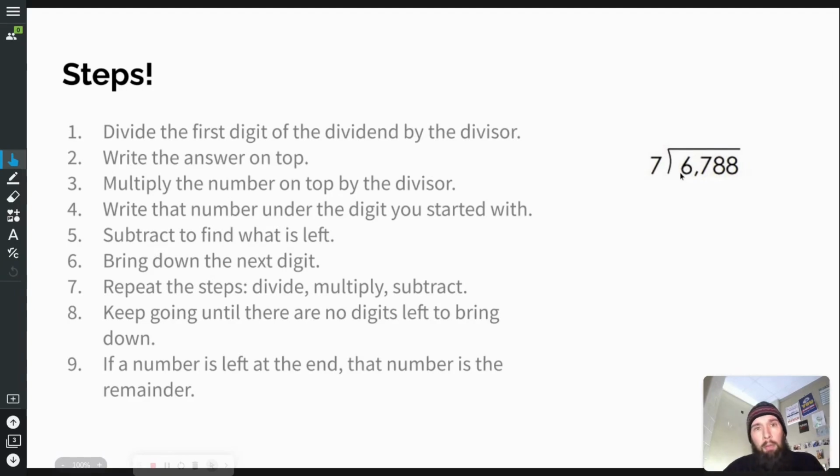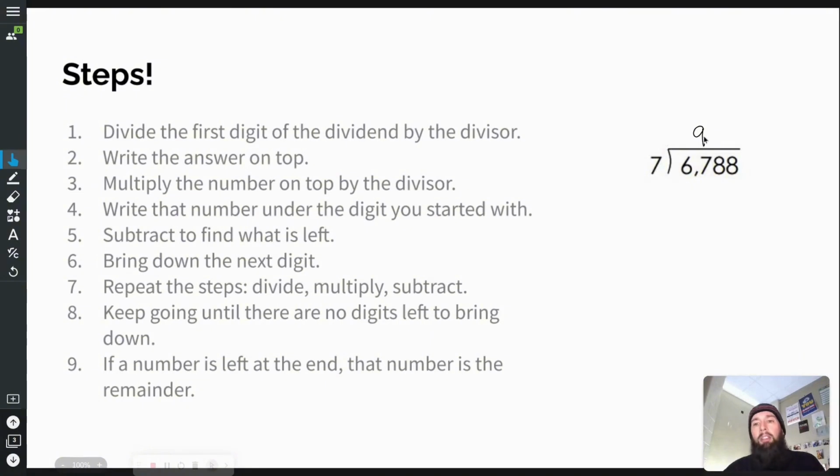So if it doesn't work for the first digit, then you do the next 2 digits together. So you ask yourself, how many times does 7 go into 67? 7 times 9 is 63, so we put a 9 on top, and that's step 2. Write the answer on top.